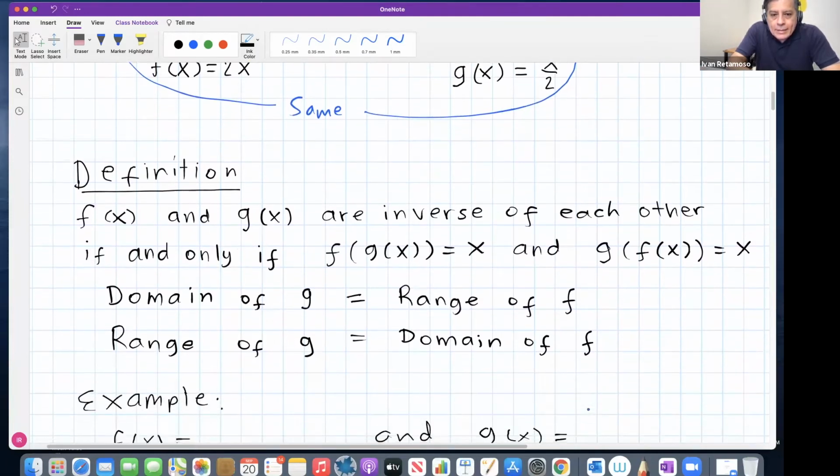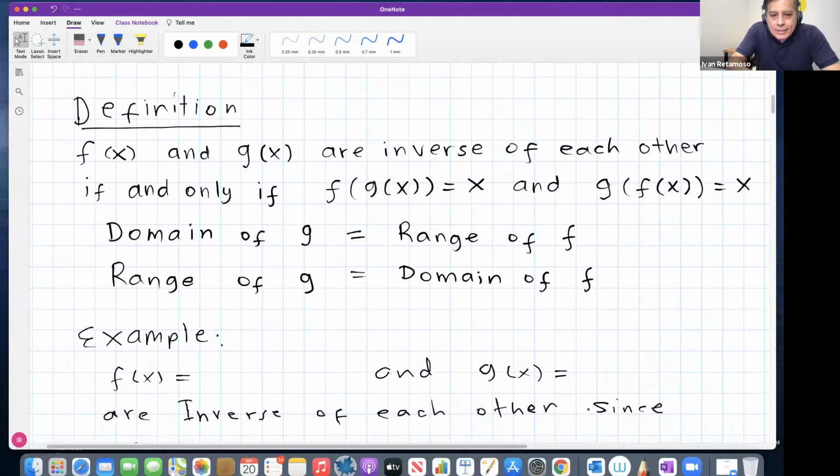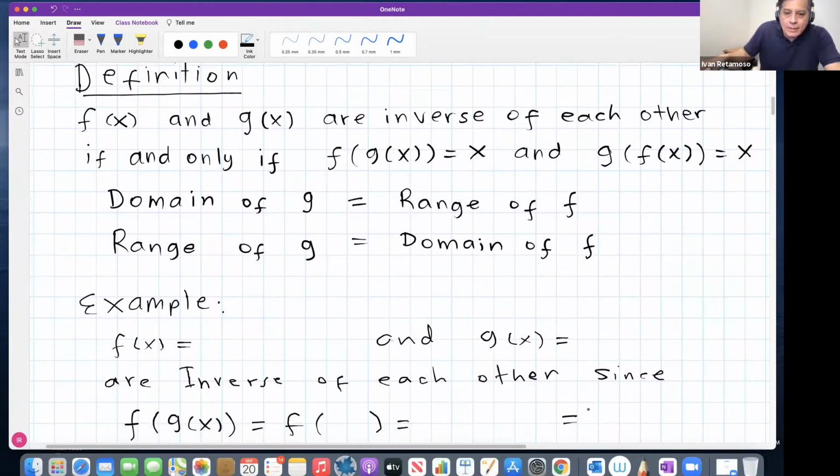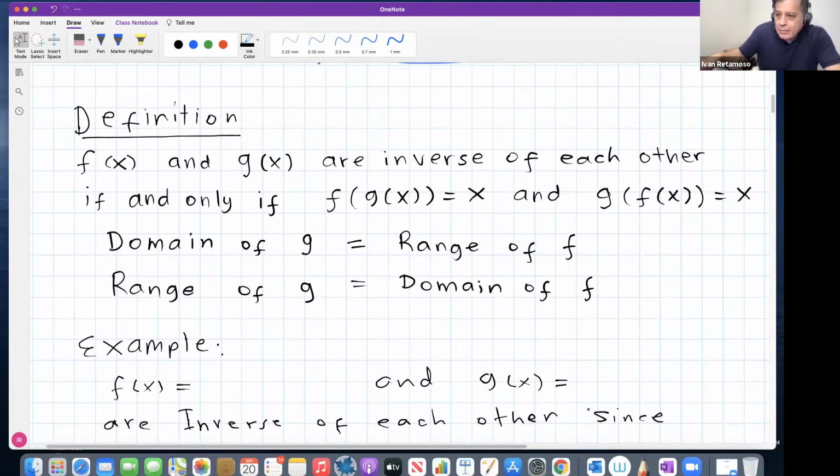Great. So now let's start with an example here to show formally when two functions are inverse of each other. Well, suppose they give you this function, first function here, x minus 2. And this other function, x plus 2.